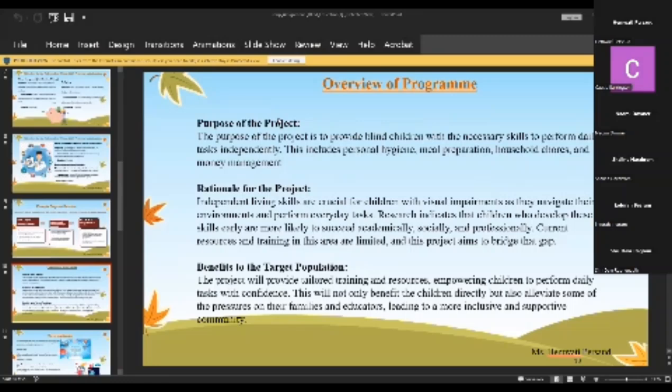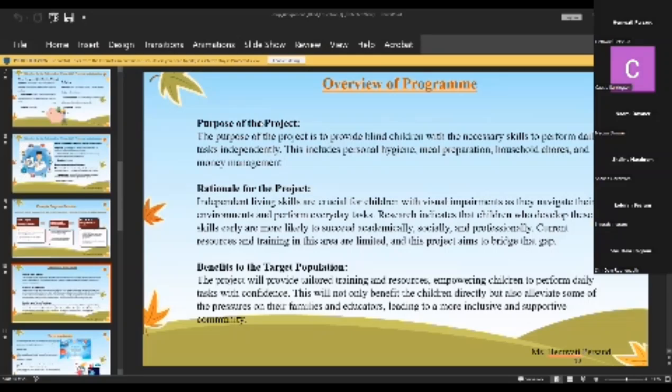Independent living skills are crucial for children with visual impairments as they navigate their environments and perform everyday tasks. Research indicates that children who develop these skills early are more likely to succeed academically, socially, and professionally. Current resources and training in the area are limited, and this project aims to bridge that gap.